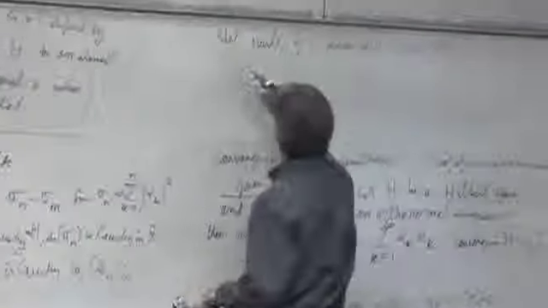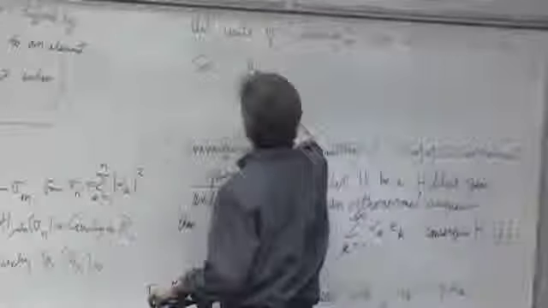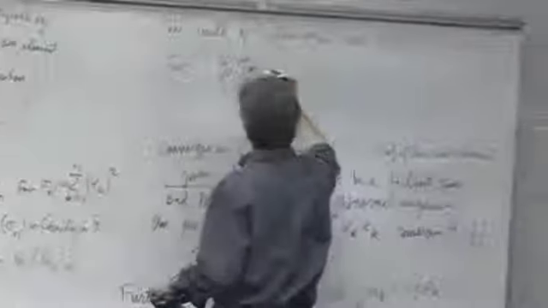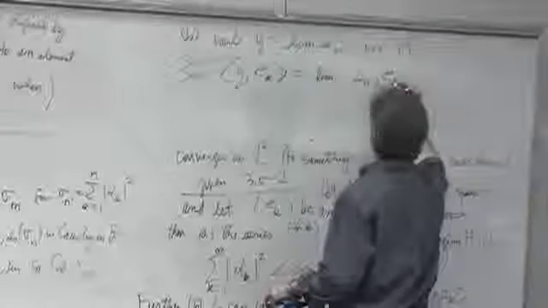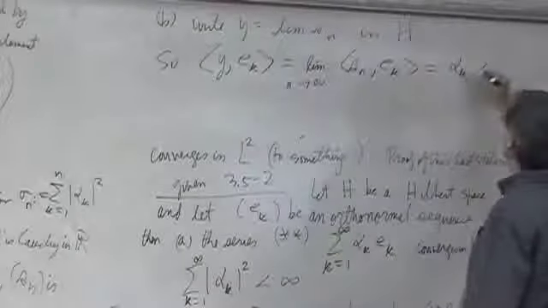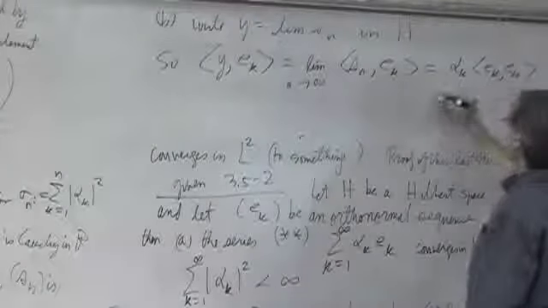So, the inner product of y and e k, is that what I wanted? Equals limit Sn e k, n goes to infinity, equals alpha k e k by orthonormality equals alpha k.